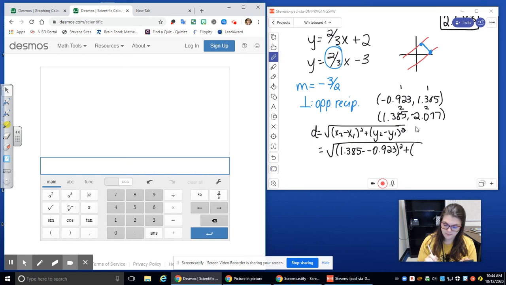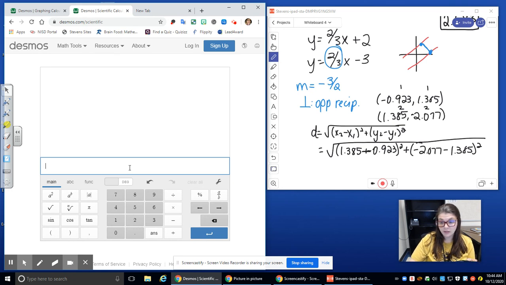Square that. And then our y2 is subtracting this, squared. Before I start typing it in, remember I have a double negative right here. This becomes a plus sign.